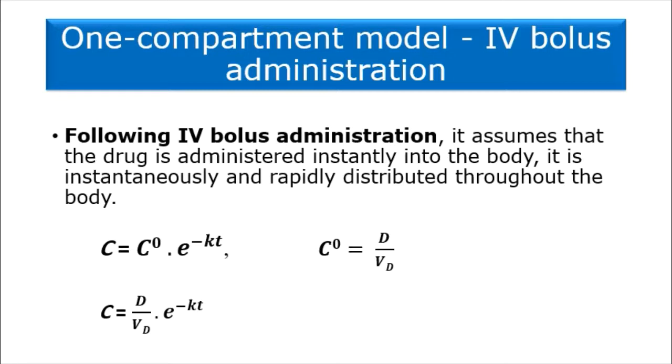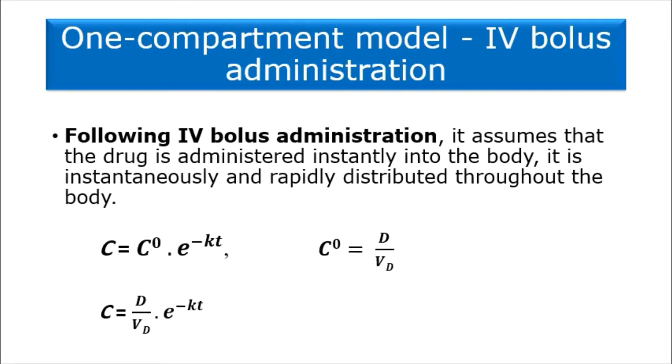By the way, some drugs should not be administered as an IV bolus in a very short time. And sometimes they need around 5 to 30 minutes to be injected into the body by IV bolus.